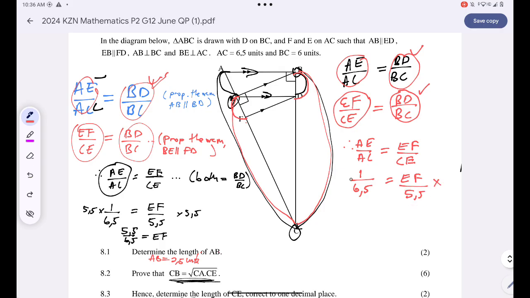So I'll just multiply both sides by 5.5, such that these two will cancel, and I'll be only left with EF being equal to 5.5 divided by 6.5. Therefore I calculated EF to be equal to 11 over 13, which can be rounded off to just 0.8.